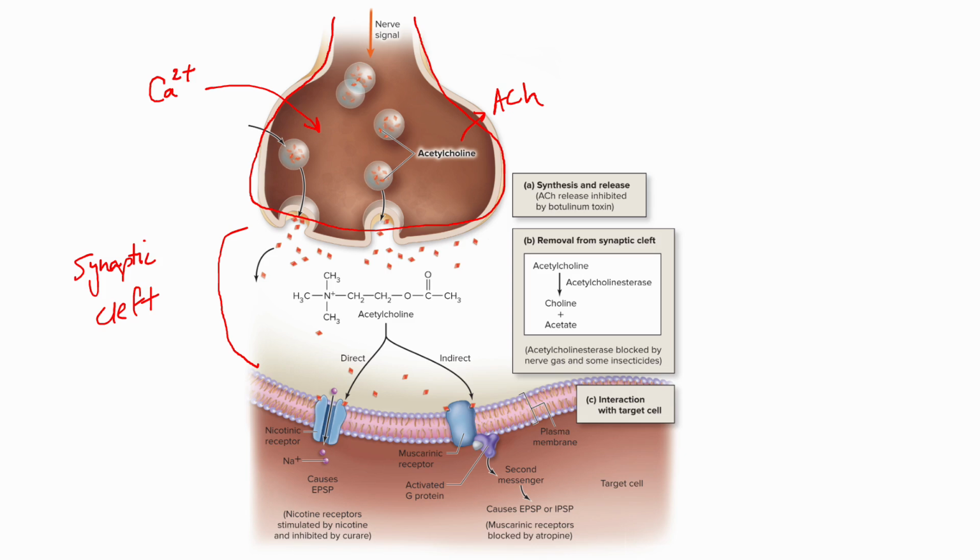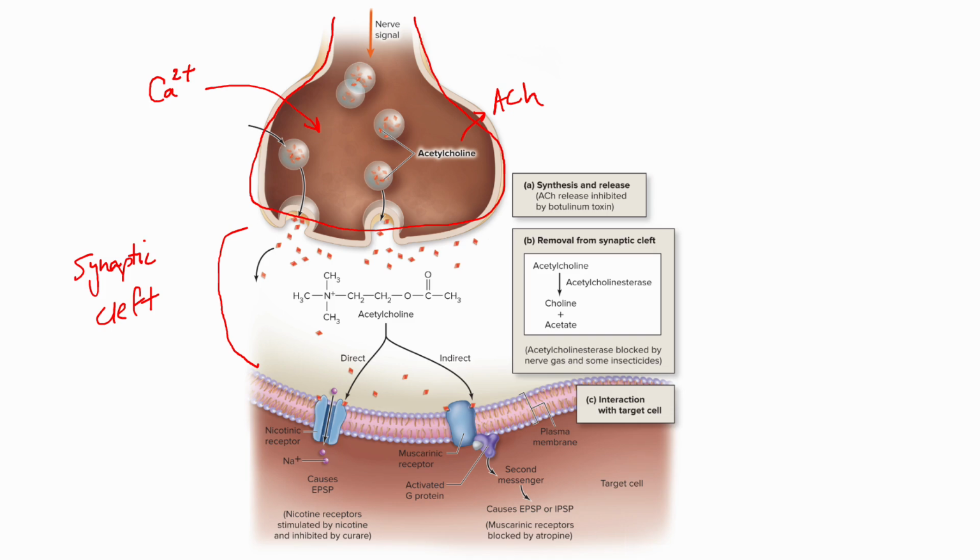And once it's in the synaptic cleft, there will be receptors in the membrane of the receiving cell. We haven't talked about the muscular system just yet, but one of the cells that has receptors for acetylcholine are skeletal muscle cells. So we call that a neuromuscular junction between the neuron and the receiving muscle cell.